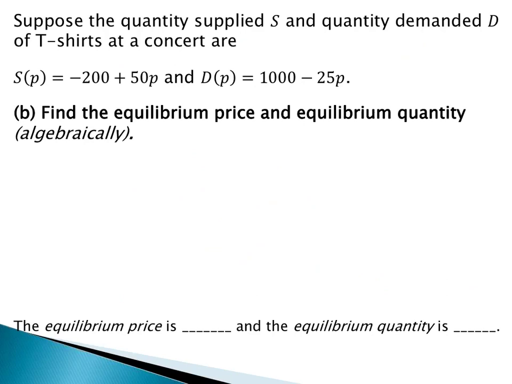We want to find the equilibrium price and quantity algebraically. To do that, we're just going to set those two equations equal to each other. So negative 200 plus 50p equals 1,000 minus 25p. Let's add 25p to both sides.